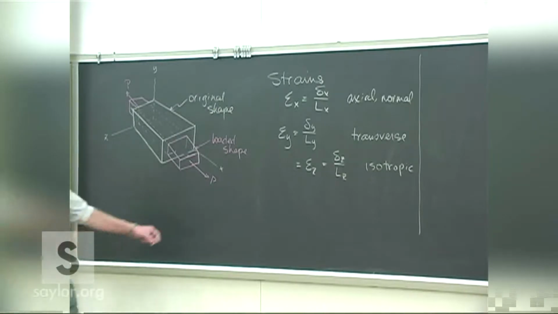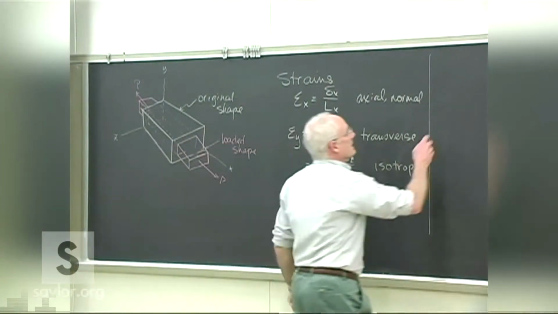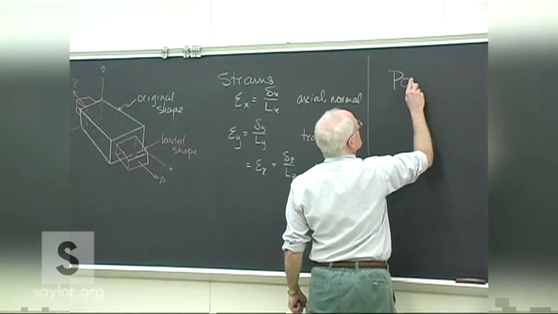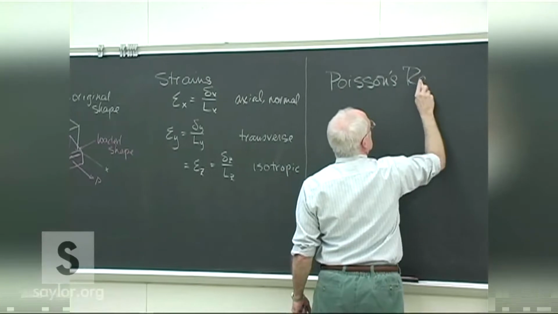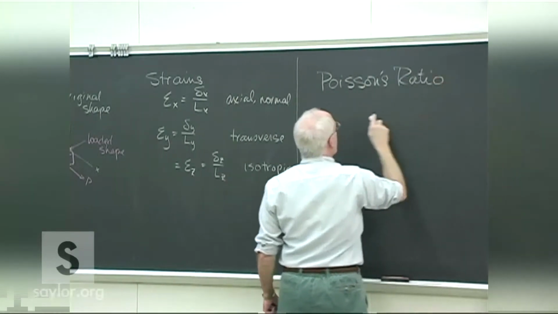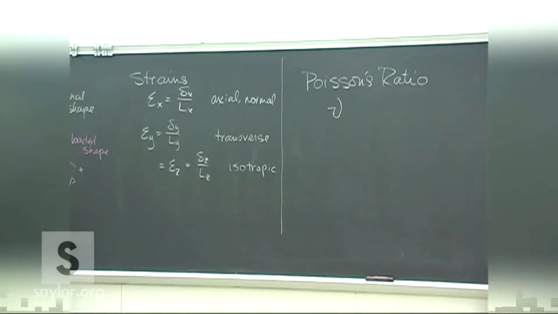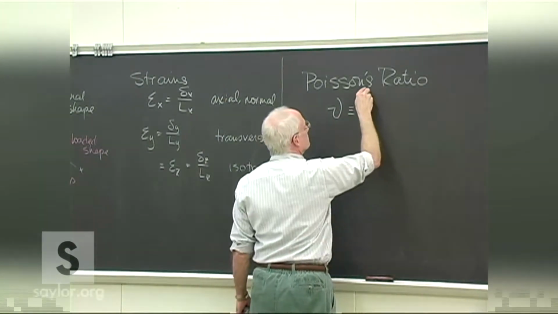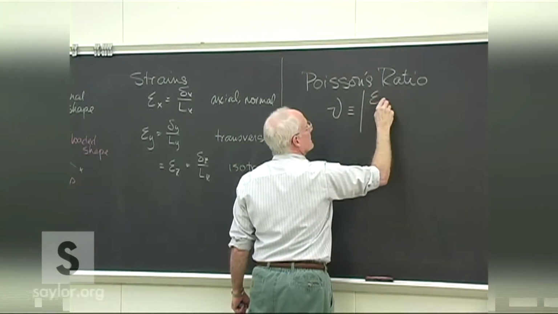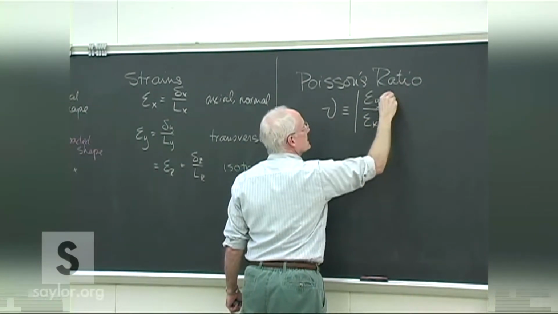As you can imagine, the ratio of these strains is quite important. And this is called Poisson's ratio, given the Greek letter nu, and defined as the lateral strains over the axial strains.